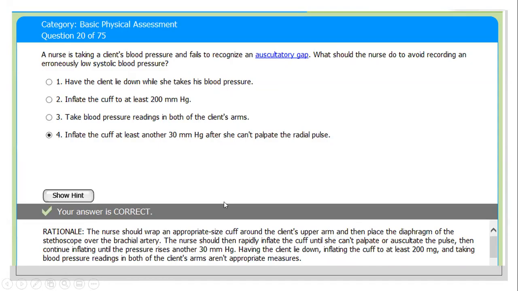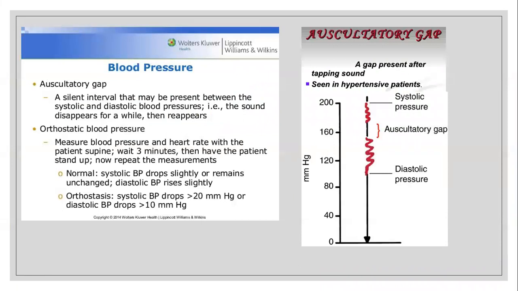So what is an auscultatory gap? It is a gap present after the first sound, and it is seen in hypertensive patients. Between the systolic and diastolic blood pressure, we can get a gap, which is called the auscultatory gap.